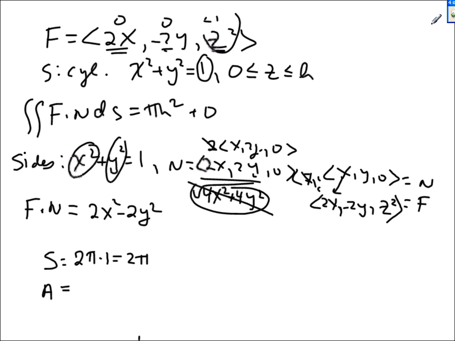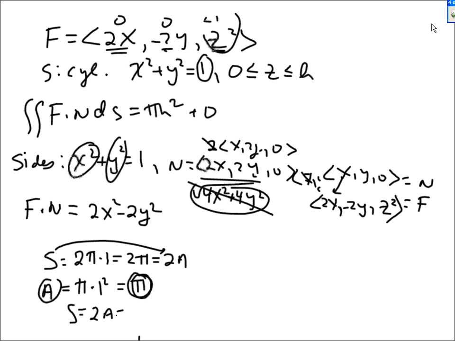And A is pi r squared. r is 1. Pi times 1 squared, which is pi. So S is 2A. If S is 2A, that implies that ds is 2 dA.